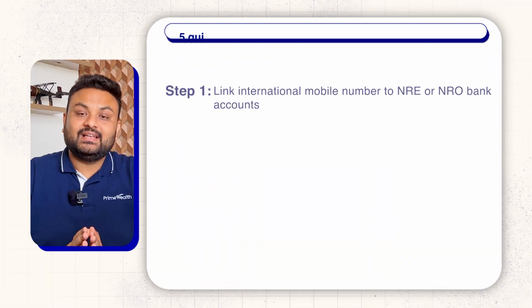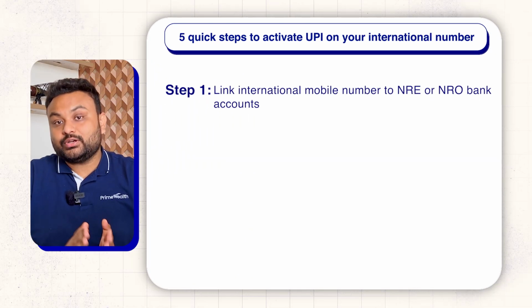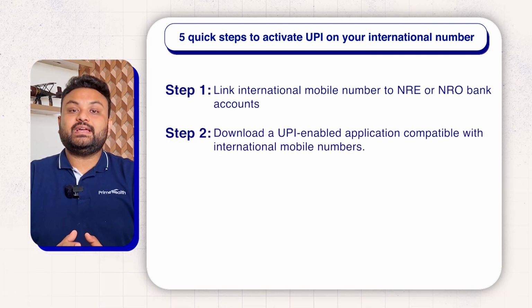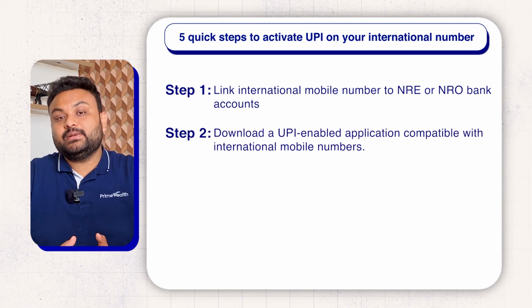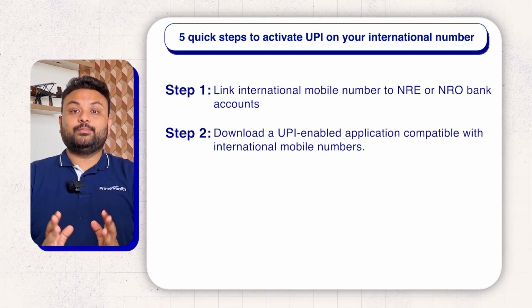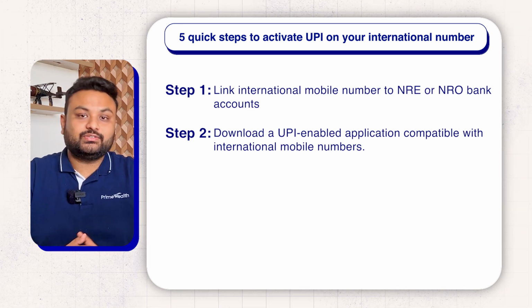Let's first understand in 5 quick steps how you activate UPI on your international mobile numbers. Step 1 is to link your international mobile number to your NRE and NRO accounts. Step 2 is to download a UPI enabled application compatible with your international mobile number. I will share a list of NRI compliant UPI apps later in this video.